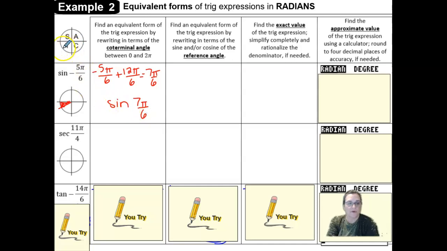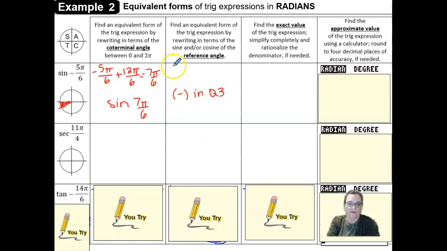In quadrant 3, tangent is positive, but sine and cosine are negative. So when I rewrite this in terms of the reference angle, I want to remember that the sine of this angle is negative in quadrant 3.